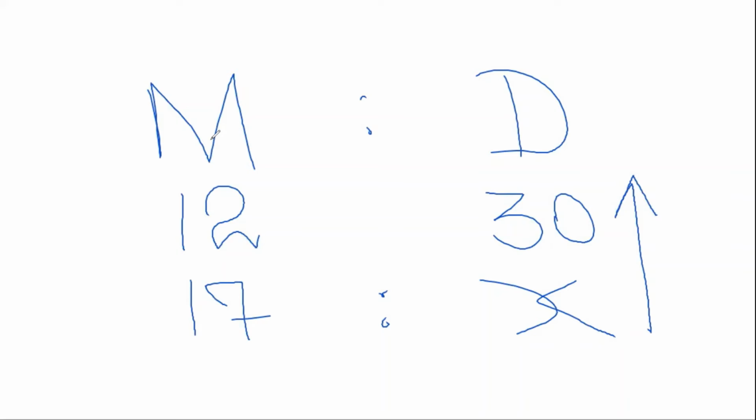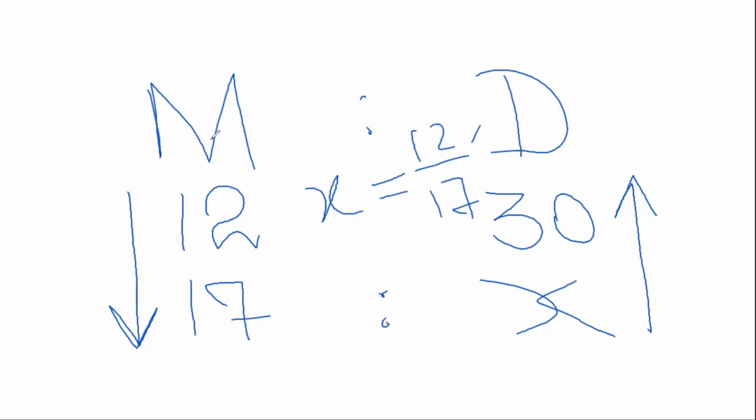One quantity is increasing, the second is decreasing. That's why it's an inverse proportion. Inverse is always coming down. It's a candle rule: invert the candle. So from here, x is equal to 12 over 17 into 30.